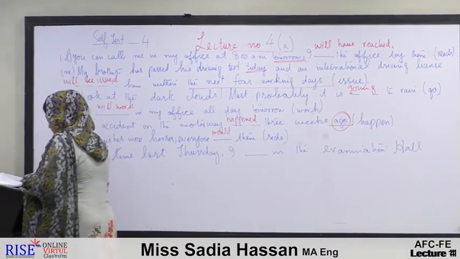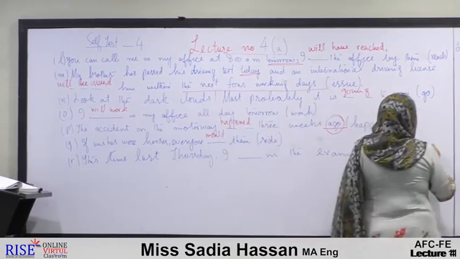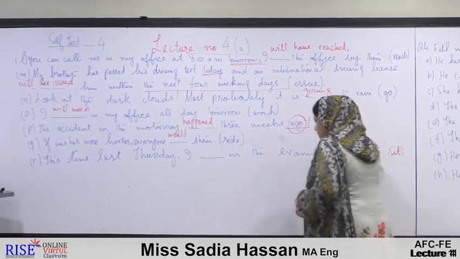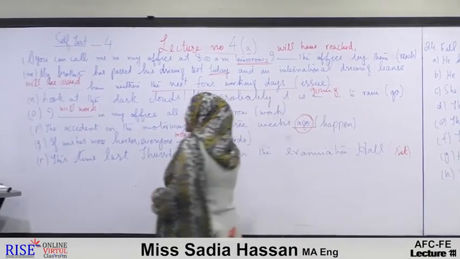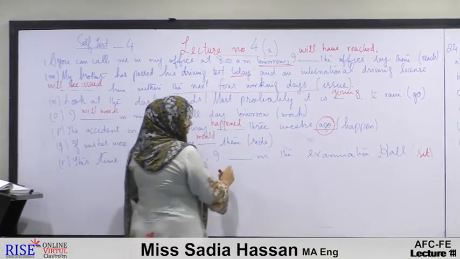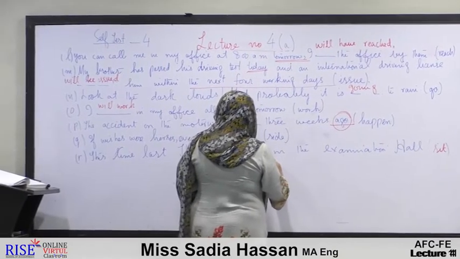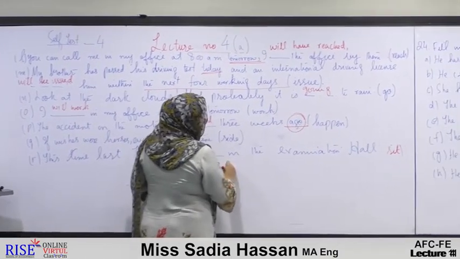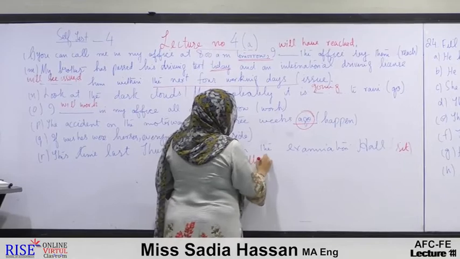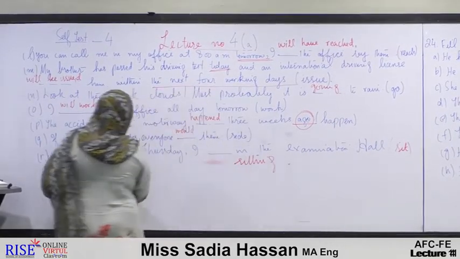That is sit. I am provided with the verb sit, so I need to use the correct form of this tense. This time last Thursday, I am sitting in the... No, last Thursday is there.